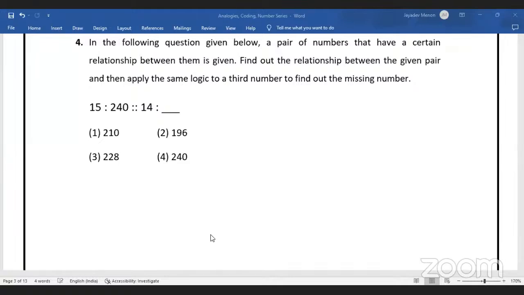The relation between them is that 240 is 15 into 16.